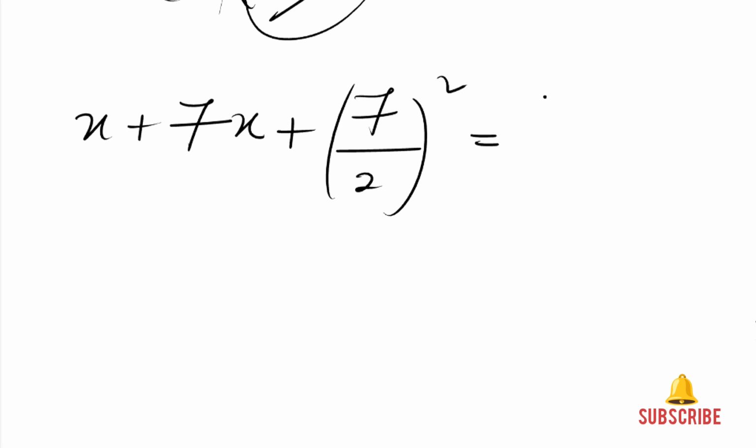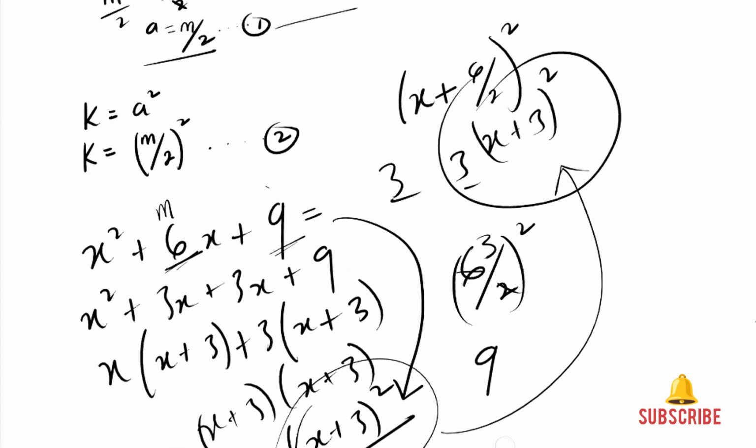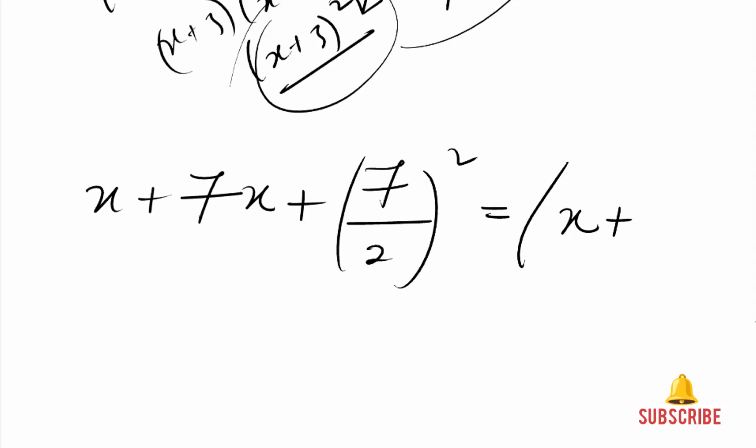So then let's check what the final result will be. The final result should be x plus, what will be a, is always m over 2. So we have 7 over 2, then all closed. So this is the value for this expression.